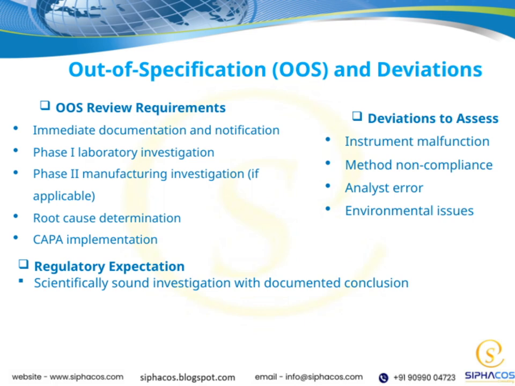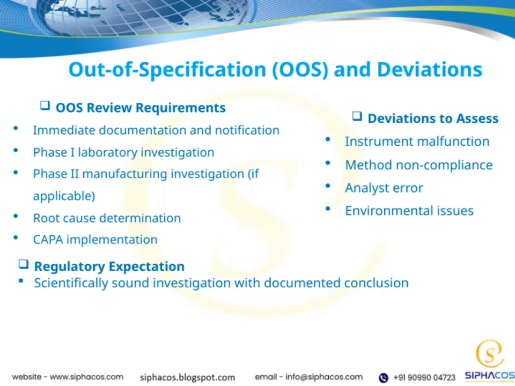When it comes to out-of-specification, or OOS, and other deviations, there are specific review requirements. Immediately documenting and notifying the appropriate personnel is critical. This prompt action allows us to initiate a proper investigation without delay. The investigation itself typically involves multiple phases. First, there's the phase I laboratory investigation, where we look into the lab-related aspects.